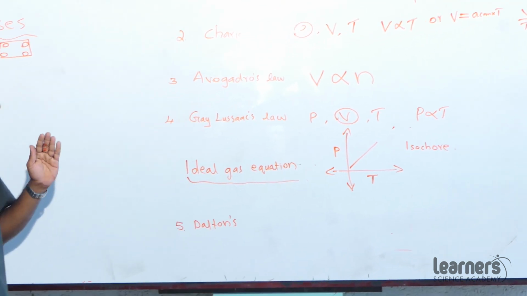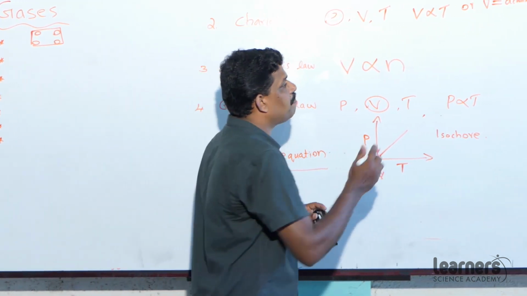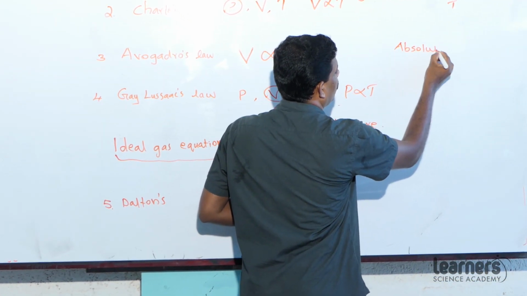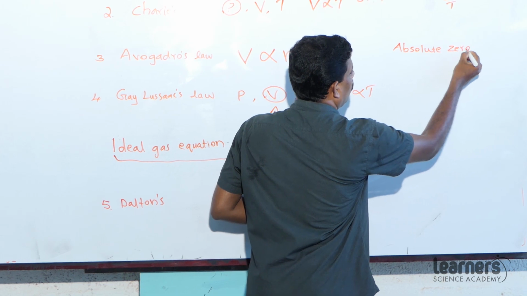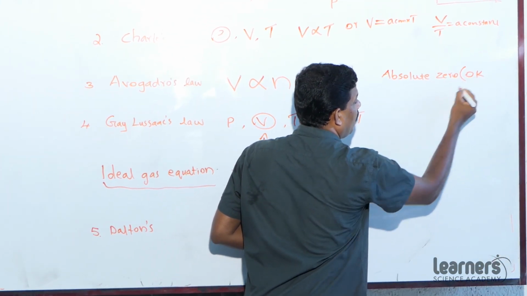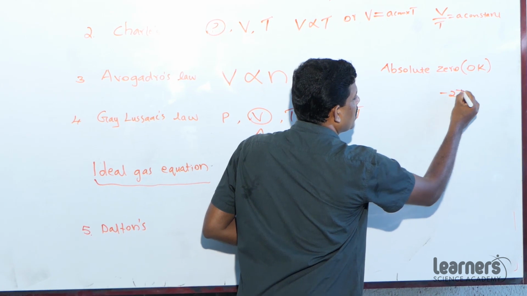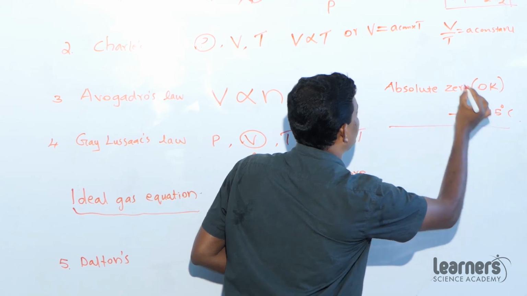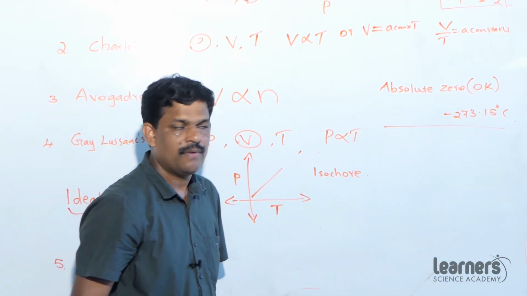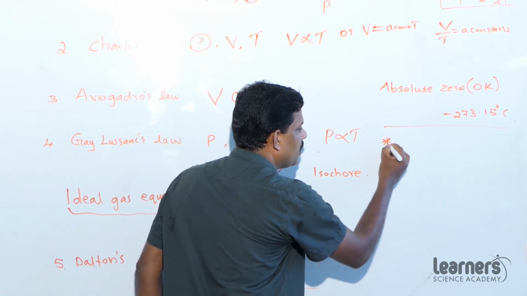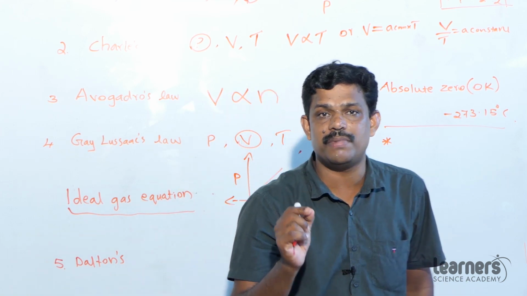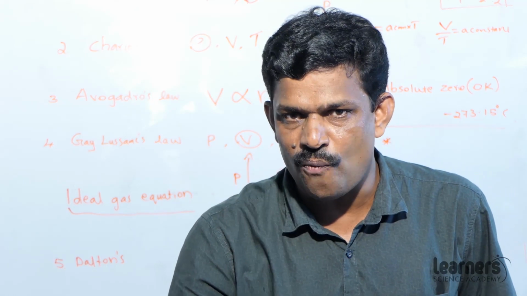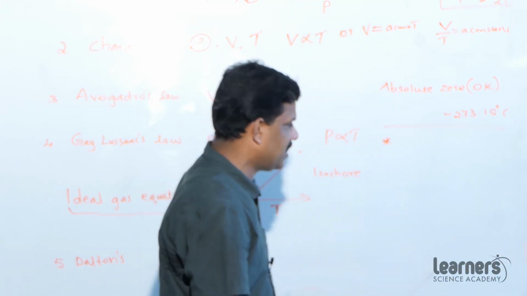Now once again you must remember the term absolute zero. Absolute zero has the value 0 Kelvin or minus 273.15 degrees Celsius. What is the definition of absolute zero? First, it is the lowest possible temperature.